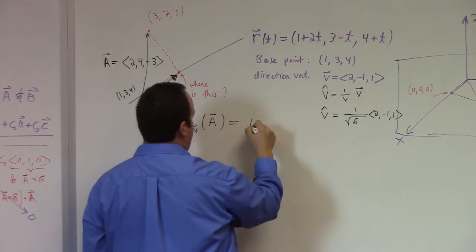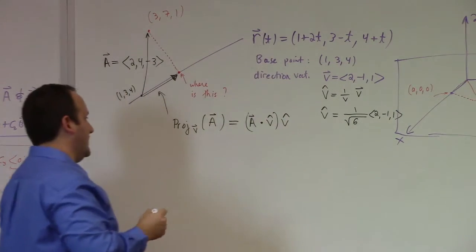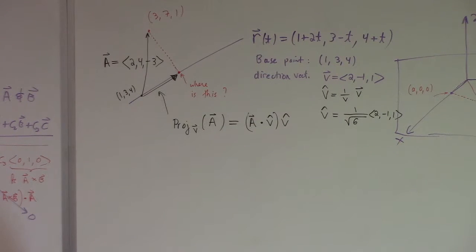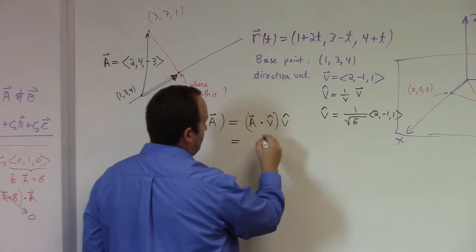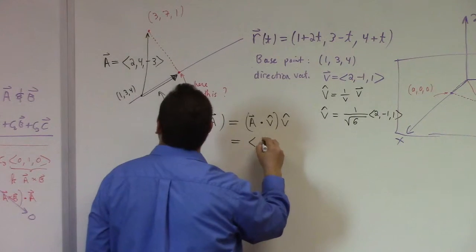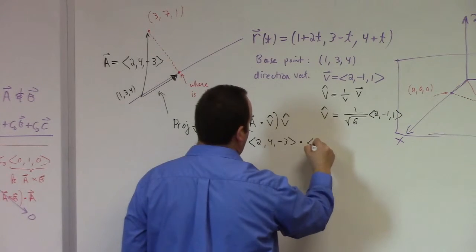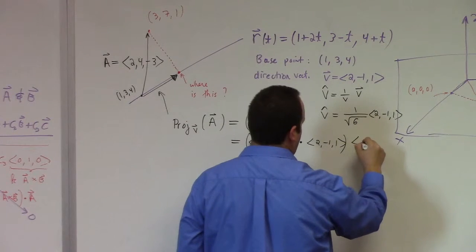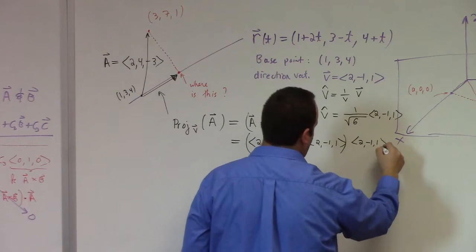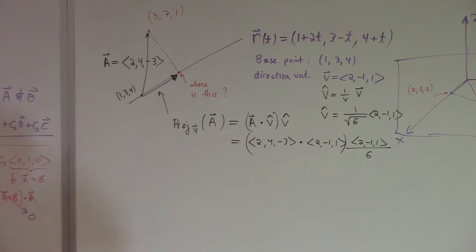And so what I have is A dot V hat, that's the formula for the projection. That gives me the shadow of the A vector into the V direction. All right? And so what is that? I have 2 square root of 6s, so it just gives me a 6, right?